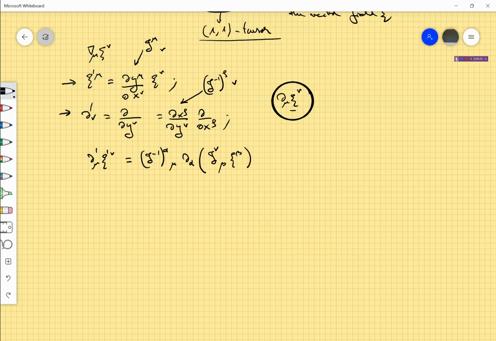Now I am going to operate, but first this partial derivative will act on psi and then on the Jacobian matrix, and I just reshuffle the terms a bit.